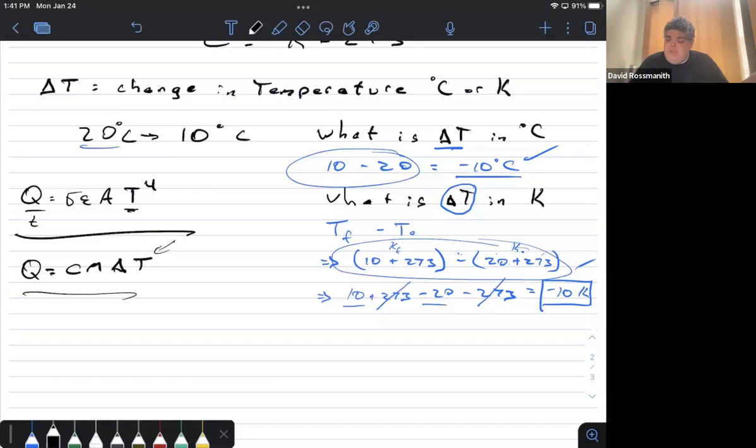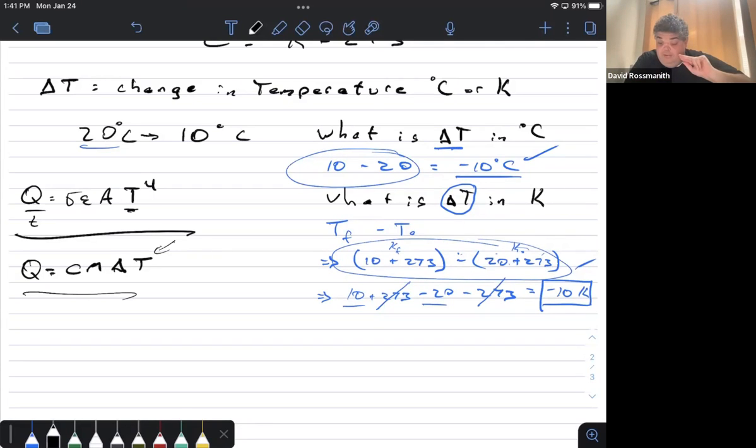And so I only mention it in case you see I don't convert sometimes, and you're wondering, why don't you convert? You said you got to be in Kelvin. It's true, it should be in Kelvin technically. But I'm using a trick of the math that a delta T Celsius is the same as delta T Kelvin, so it didn't matter whether I converted.